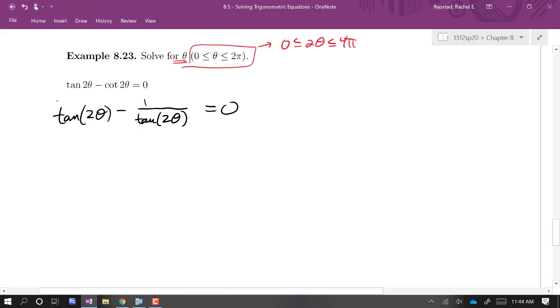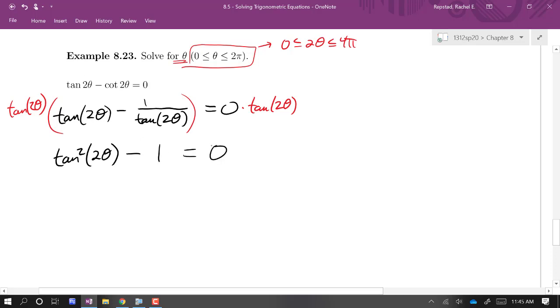So we're going to multiply both sides of this equation by tan of 2 theta. And when we distribute this on the left side, we get tan squared 2 theta minus, in the second term it'll just cancel, so minus 1, and we still have 0 on the other side.